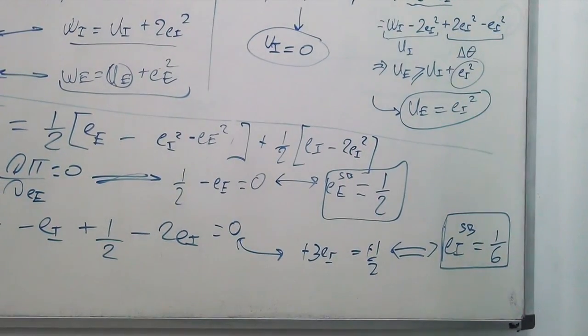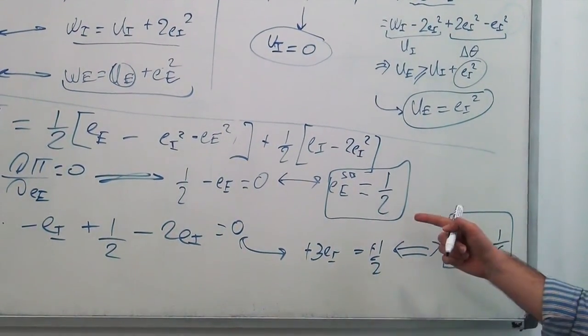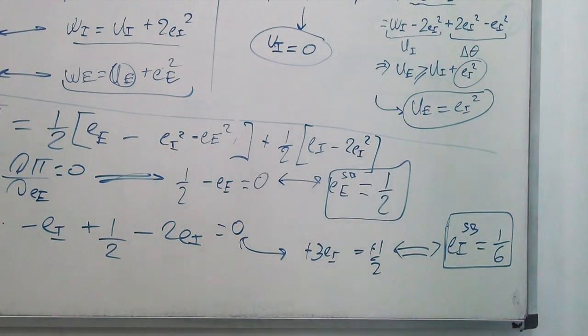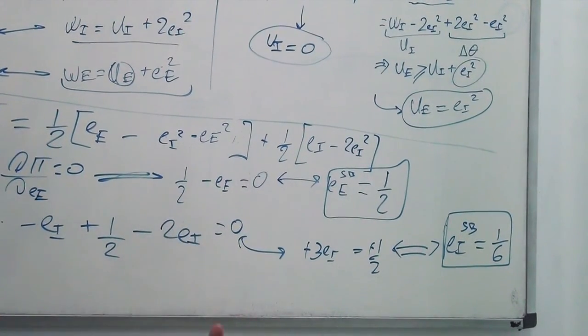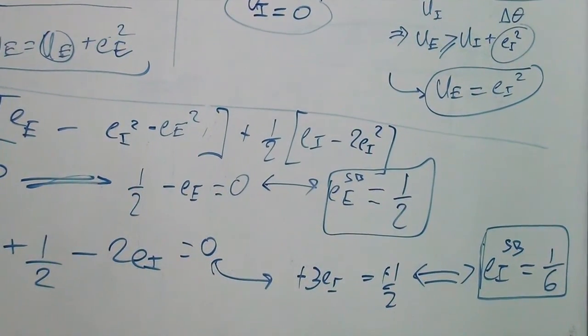So these are the effort levels that are optimal under these conditions, and those two effort levels imply certain wages, which are the following ones.